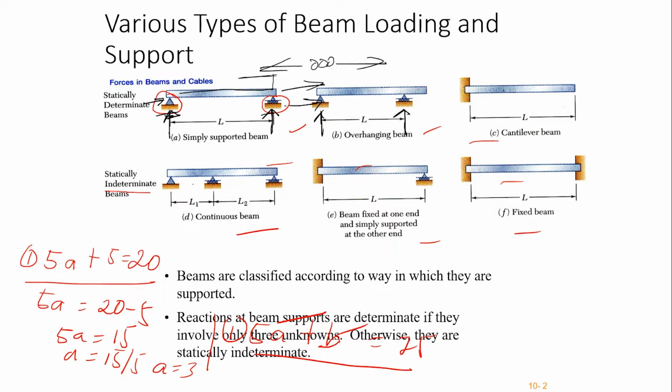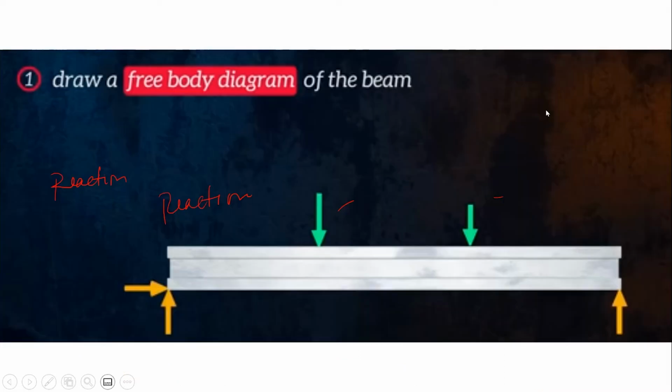So dito, anong meron tayo rito? Siyempre may weight to supported this, and here may reaction. But here we don't have any reaction because it is not reacting. There's no support, there's no reactionary force that tends to counteract the beam in this case. Now, let us go immediately to this particular example so that we will be more clear in this topic.